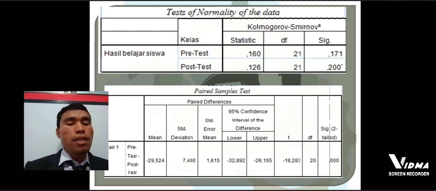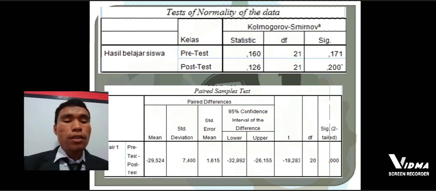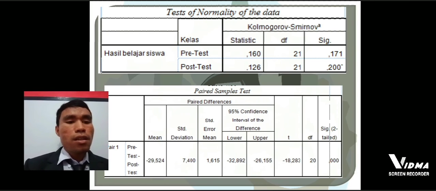In the hypothesis shown before, it said that H0 is acceptable if the t-count is lower than the table and the significance is bigger than 0.05. So in this case, we can see that H0 is rejected and H1 is accepted.